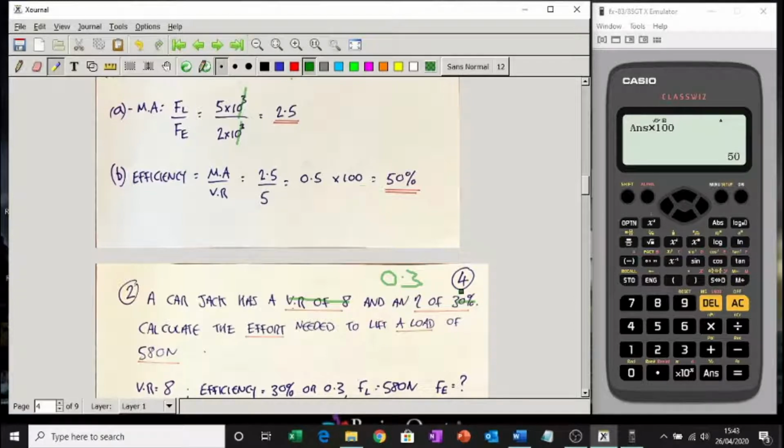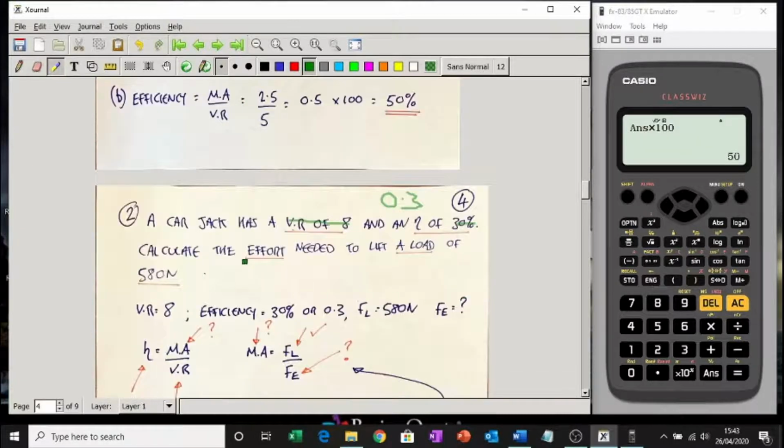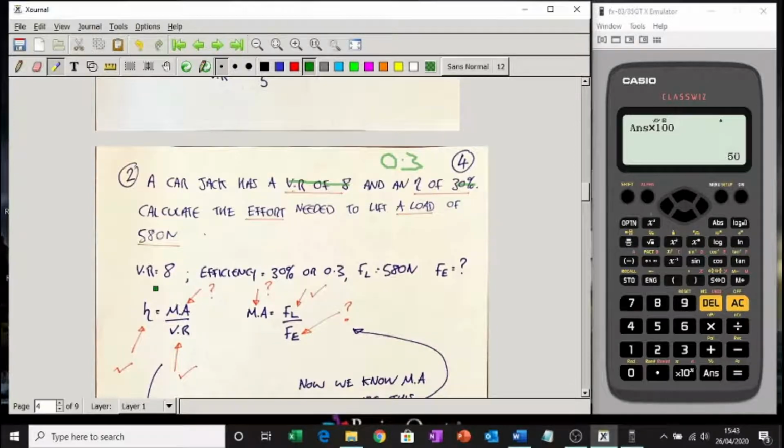So we know the velocity ratio is 8, we know the efficiency is 0.3, it's got to lift a load of 580, and we don't know the effort. So how much effort have we got to put in to lift 580?